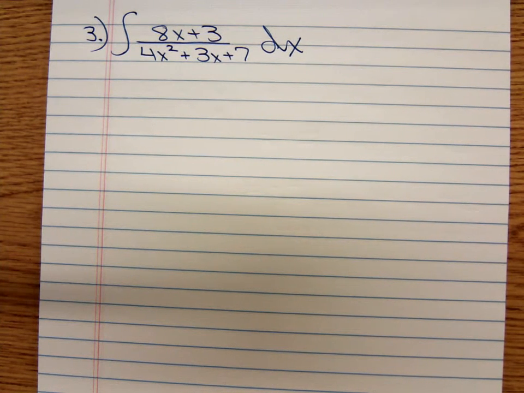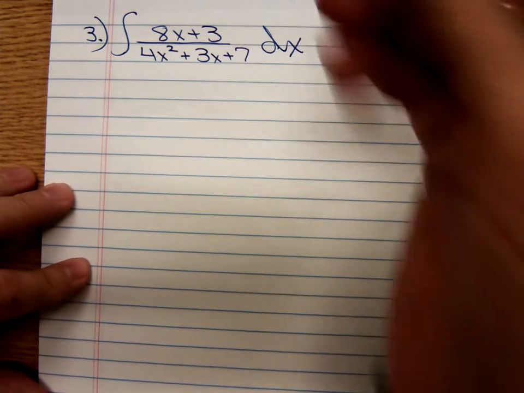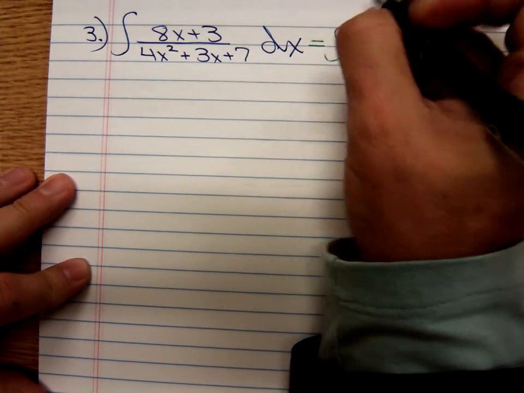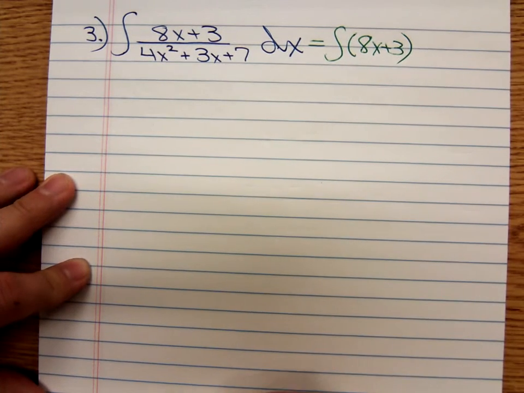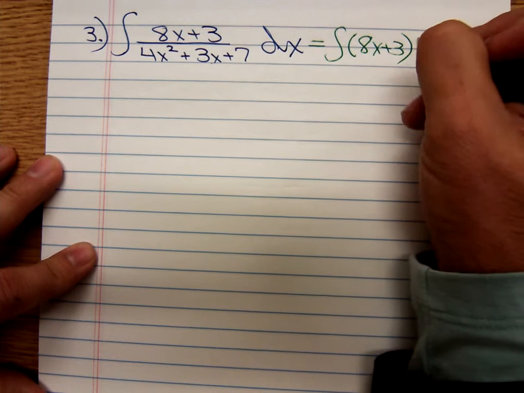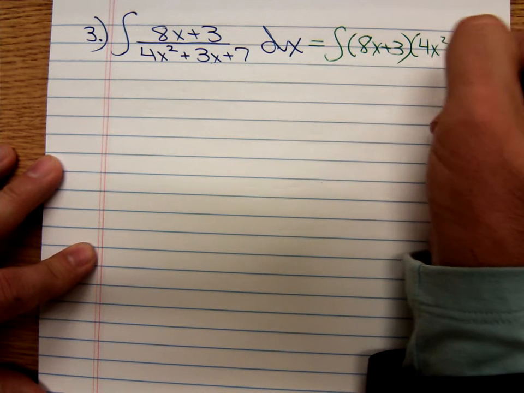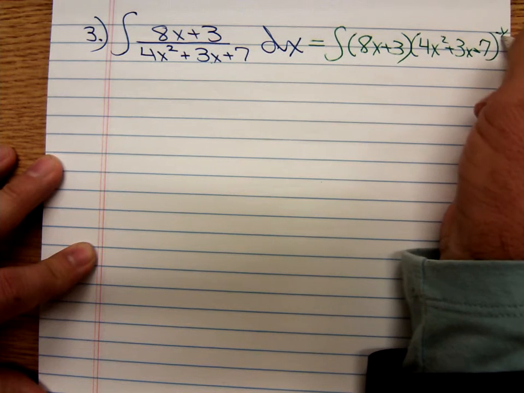It's not a lot of terms to it, I guess, in the denominator. We don't have an antiderivative rule for a quotient, so I'd try to rewrite it using a negative exponent. That would be an 8x plus 3 times a 4x squared plus 3x plus 7 to what power? I mean, to the negative 1.